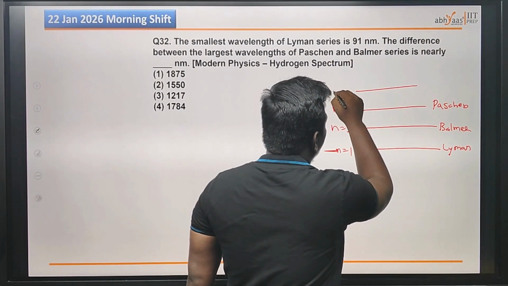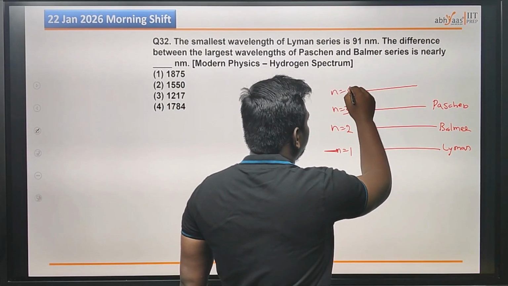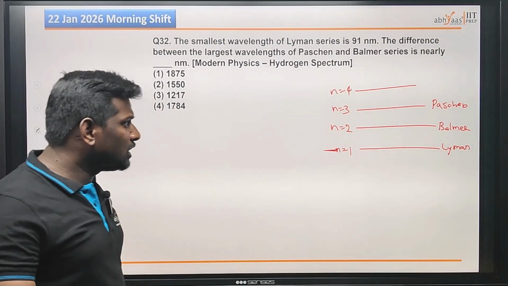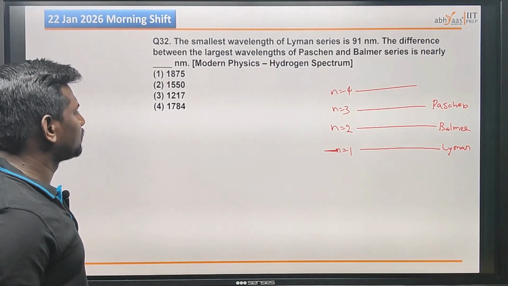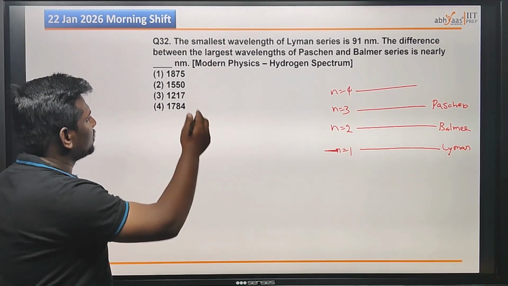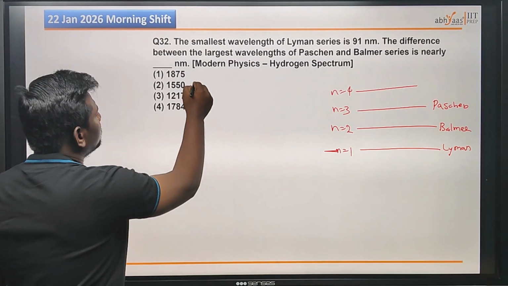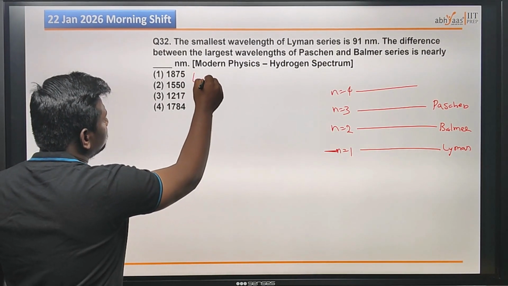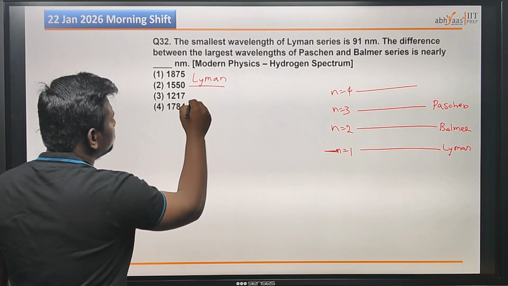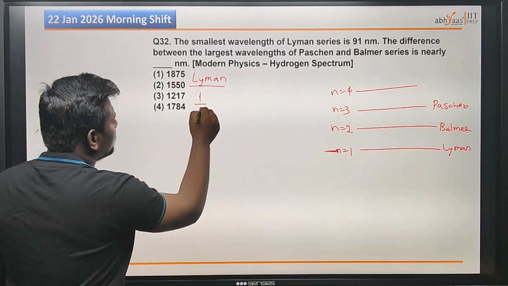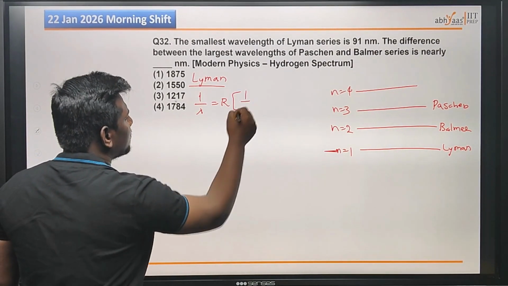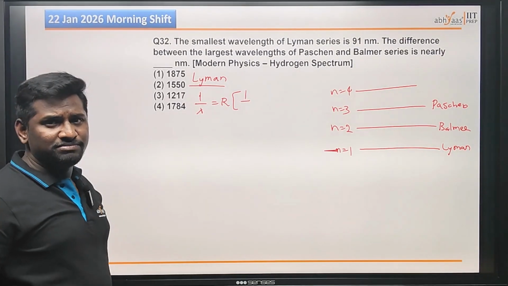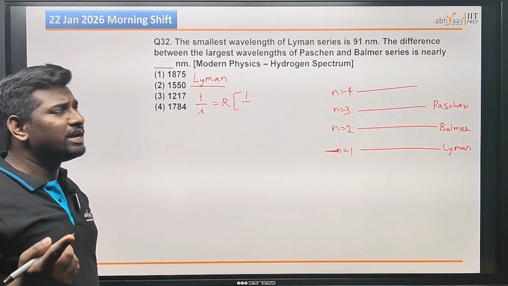One more is n equal to 4, that is the Pfund series. If you observe here, what they are asking? A difference. So we know that for a Lyman series, 1 by lambda equal to R into 1 by n1 square minus 1 by n2 square.